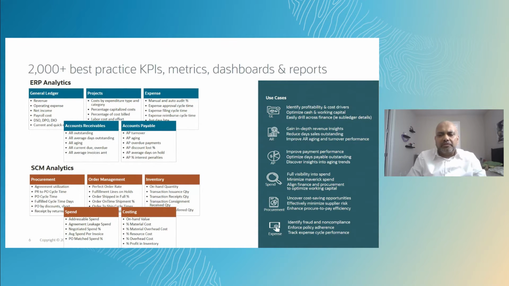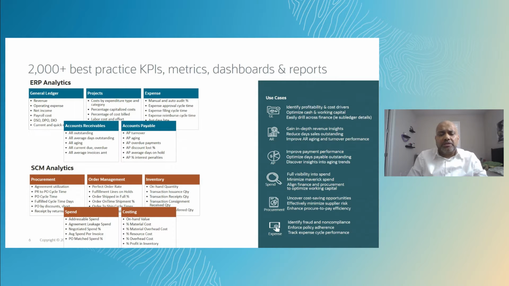Here is a sample set of KPIs and metrics with best practice use cases to illustrate the breadth and depth of the prepackaged content. All of this content can be enabled in your instance in a few weeks and provides plug and play visibility into the end-to-end business processes of the enterprise.